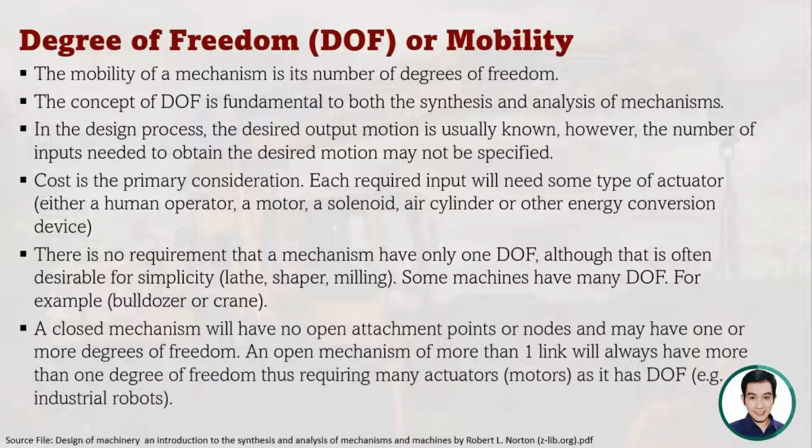A closed mechanism will have no open attachment points or nodes and may have 1 or more degrees of freedom. An open mechanism of more than 1 link will always have more than 1 degree of freedom, thus requiring many actuators, such as the industrial robots.